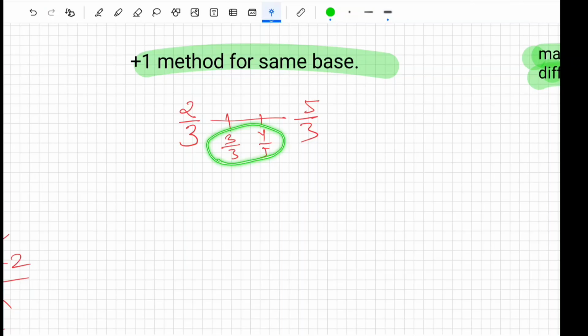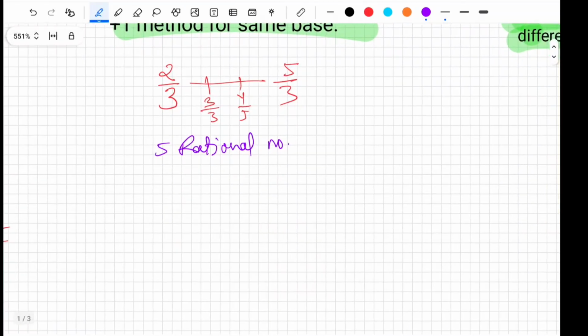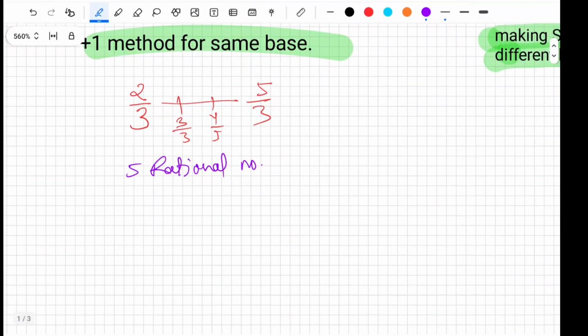So we get two numbers here. But what if I want 5 rational numbers? It's not easy directly, but we can shorten it by remembering a trick.